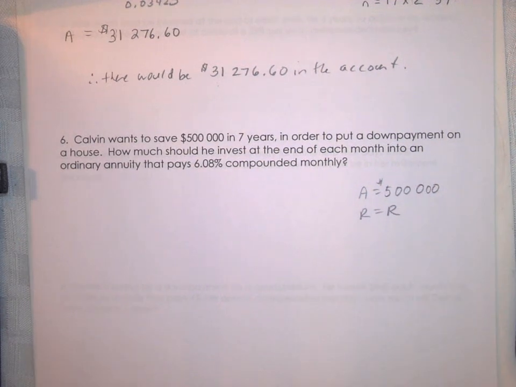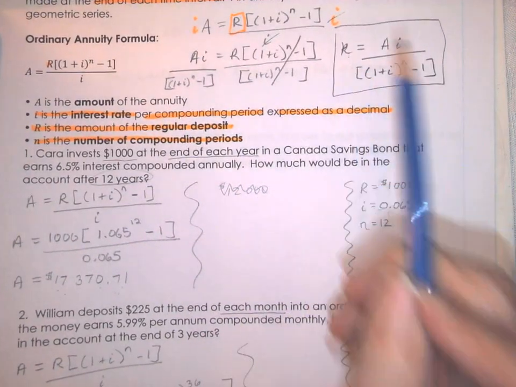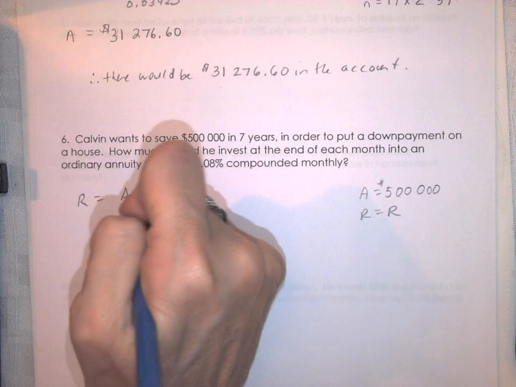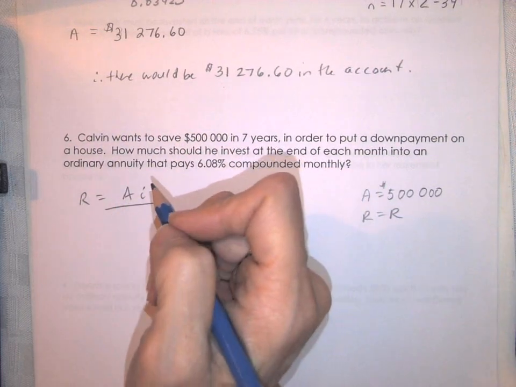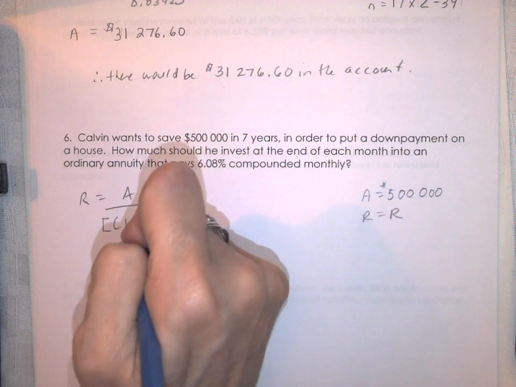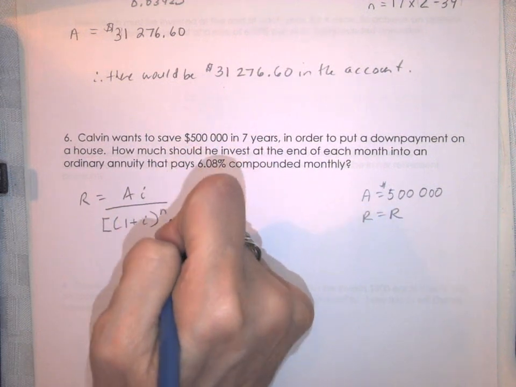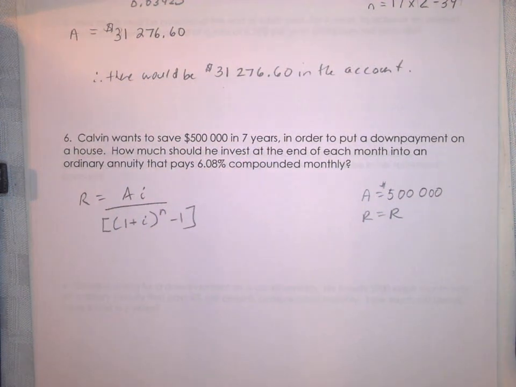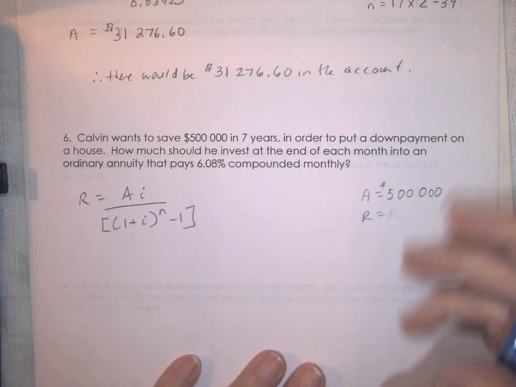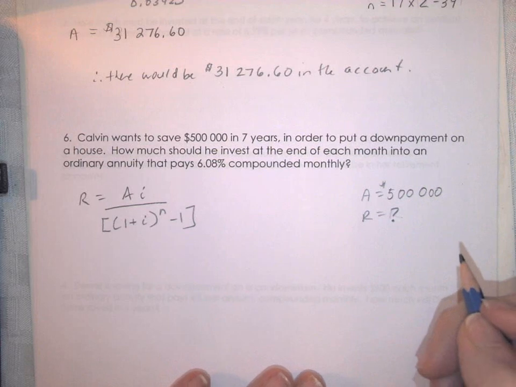And we already rearranged our formula so that when we're finding R, we use this version of the formula. So R equals A times I over 1 plus I to the power of N minus 1. Sorry, R equals question mark. What else do we know?